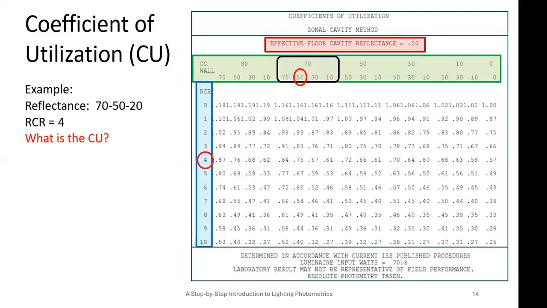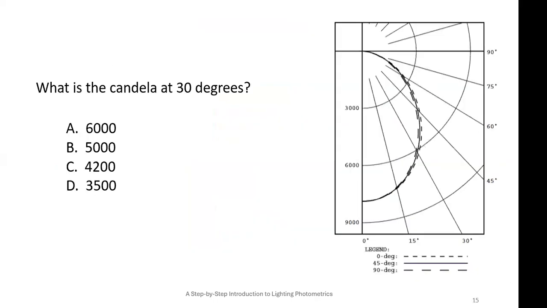So what we do is we read, and we see with the intersection of the 50 and the 4, we see 0.75. What that means is that of the source of light coming out, 25% is trapped, and we only can utilize 75%. That's what that means. Very, very important table to understand as far as reading photometrics.